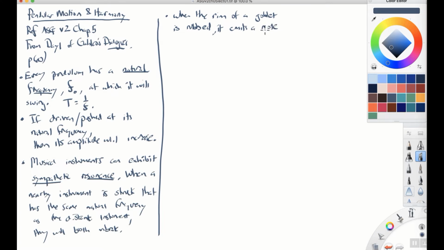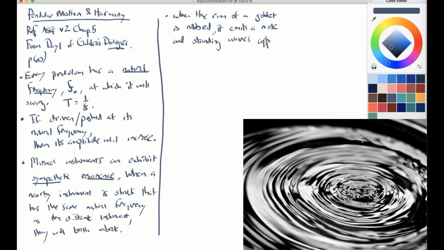So it emits a note, and standing waves of water appear on the surface. We'll be more precise about what we mean by standing waves in a future lecture, but I think you know what I mean. There's going to be little waves of water appearing on the surface of the fluid filling the glass. Little ripples, usually concentric circles, in the glass.